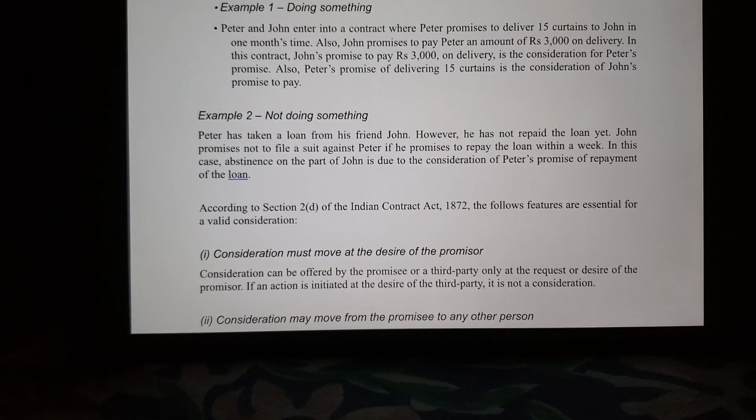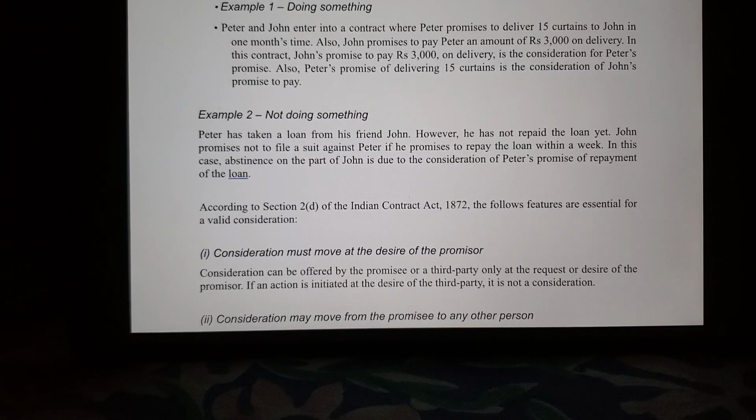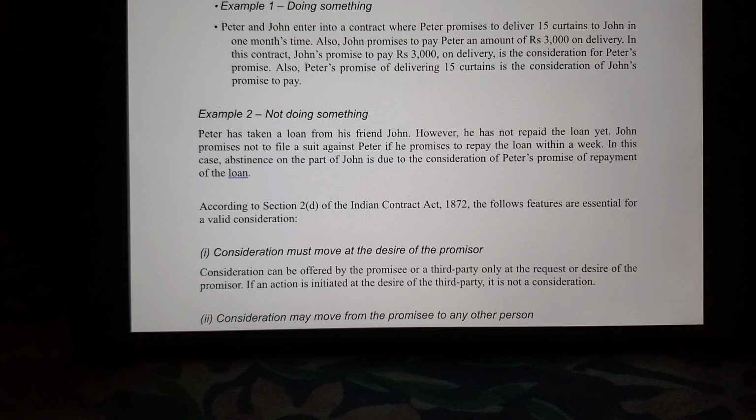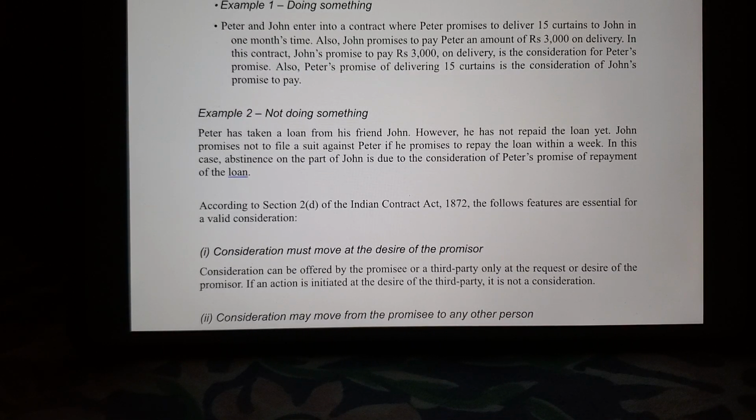Also, John promises to pay Peter an amount of rupees 3,000 on delivery. In this contract, John's promise to pay rupees 3,000 on delivery is a consideration for Peter's promise. Also, Peter's promise of delivering 15 curtains is a consideration of John's promise to pay.